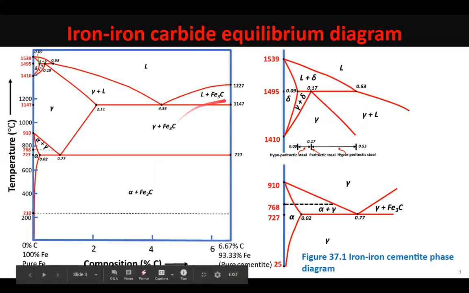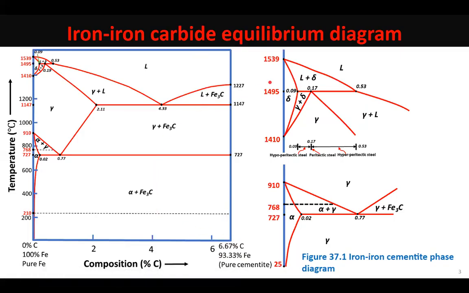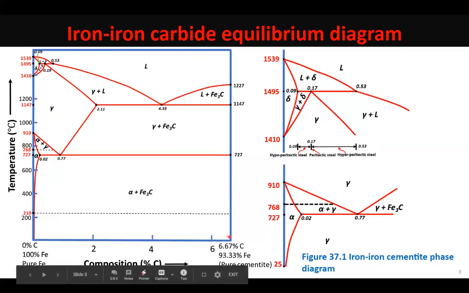So students, in all there are 5 different single phase regions in the iron cementite diagram. I again repeat their names: liquid solution, ferrite, austenite, delta ferrite, iron carbide or cementite.